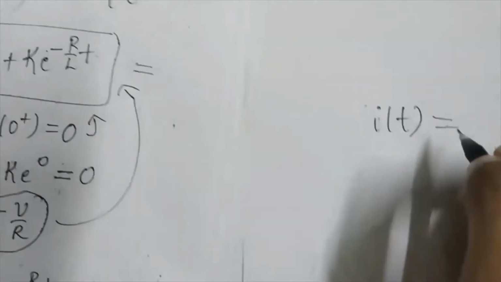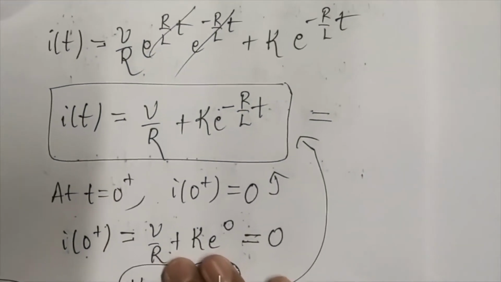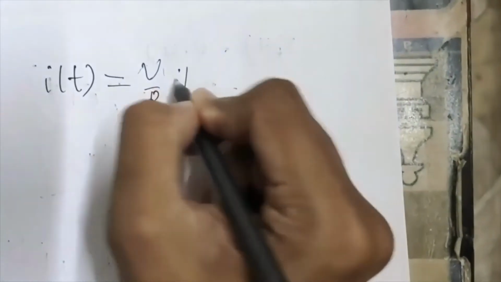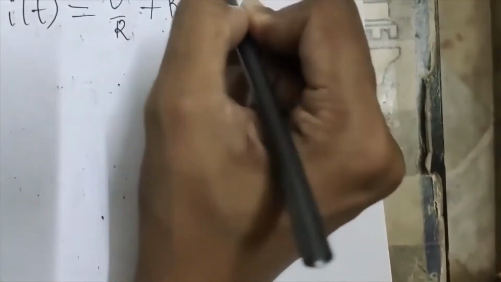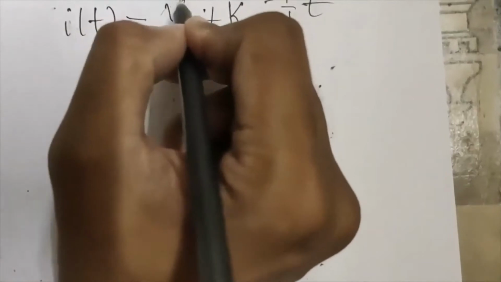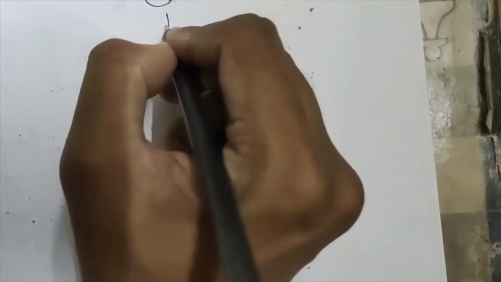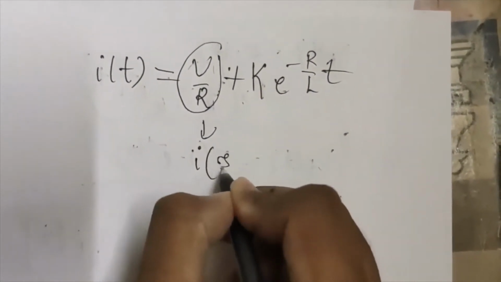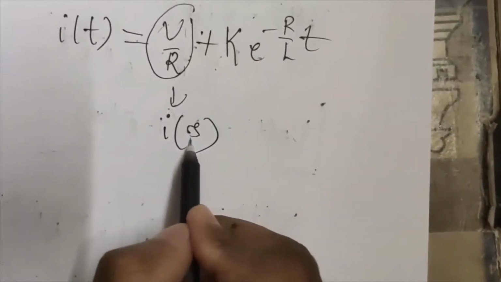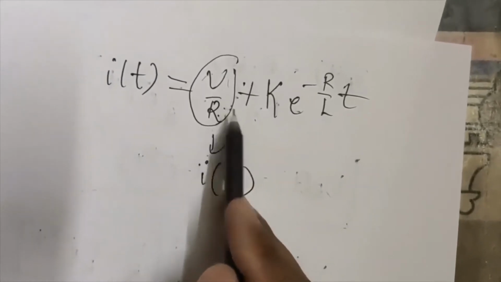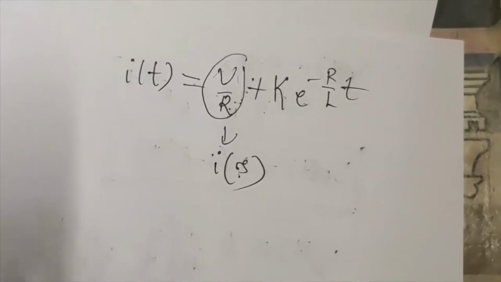Previously we have obtained I of t as V by R plus K into e power minus R by L into t. V by R is nothing but the steady state value, so I can write this as I of infinity, as you know, t equal to infinity indicates the steady state value.